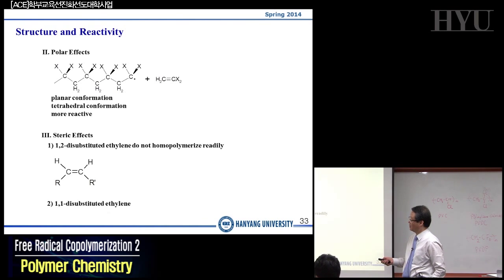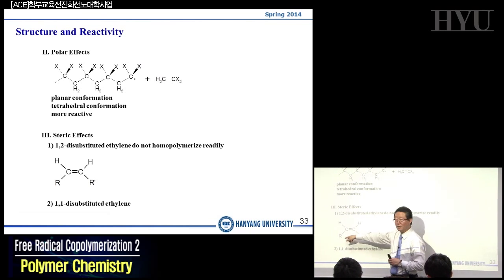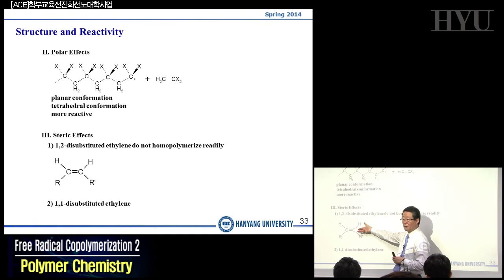And if you take a look at the 1,2 disubstituted one, instead of the 1,1 disubstituted one, the 1,2 disubstituted one has cis and trans isomers, right? If R prime is placed here in the same plane, this is called the cis isomer. Whereas if I change the positions of H and R, this is a trans isomer.